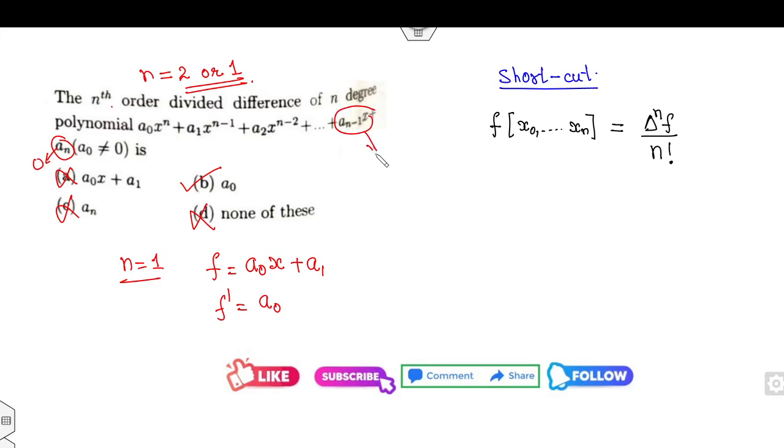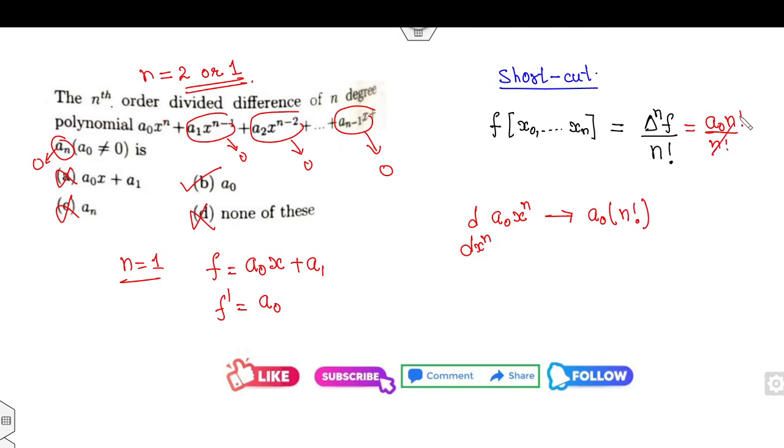For degree 1, the nth derivative is 0. What is the nth derivative of a0 x^n? A0 is a constant, so the nth derivative is n factorial. So if you substitute this value, n factorial over n factorial, again the answer is A0, my correct answer.